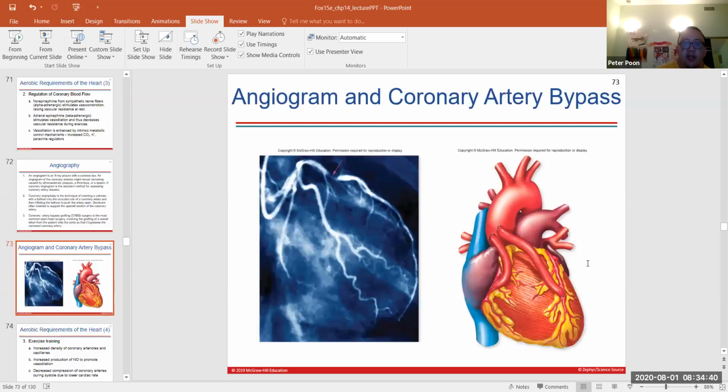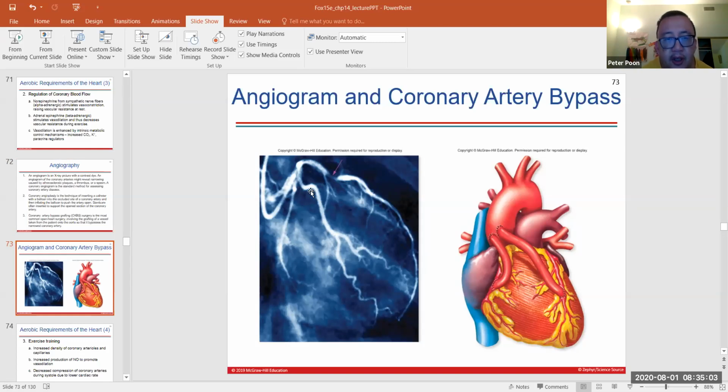So this is an angiogram. You can see the blockages that are there. This is a pretty good heart. I don't think this is an actual diseased heart.